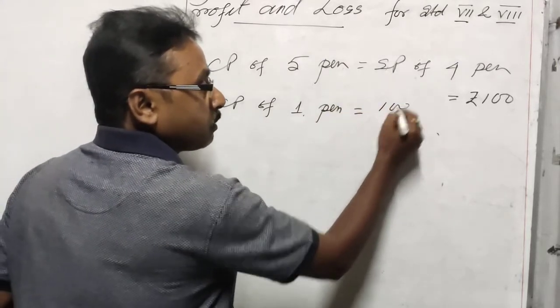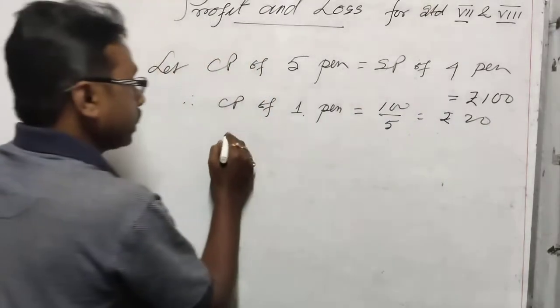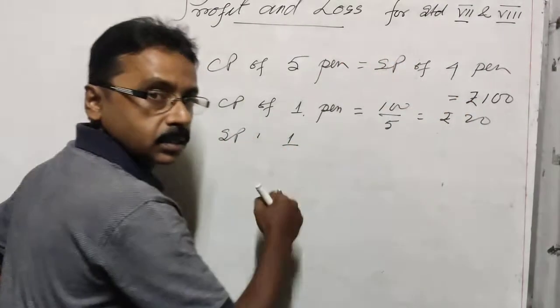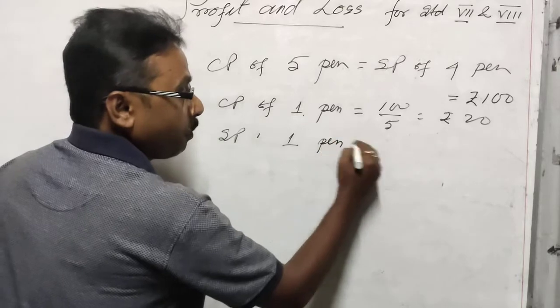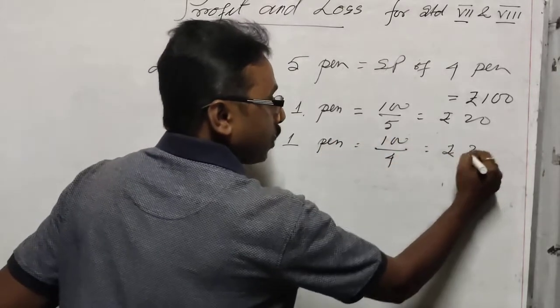It is 100 divided by 5, that is rupees 20. Now what is SP of 1 pen? SP of 4 pens is rupees 100. So SP of 1 pen is 100 by 4, that is rupees 25.